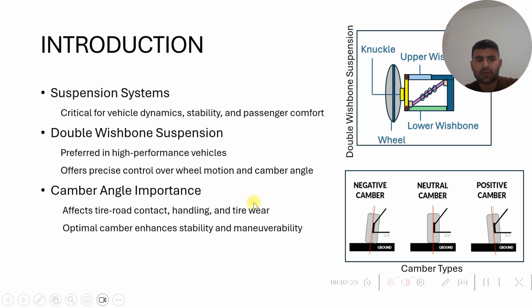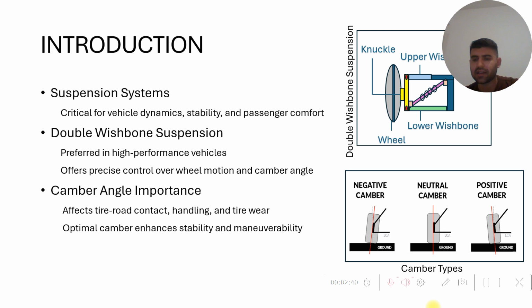Here below is the camber angle. The camber angle is basically the angle at which the wheel and tire stand relative to the road, assuring it is perfectly flat.